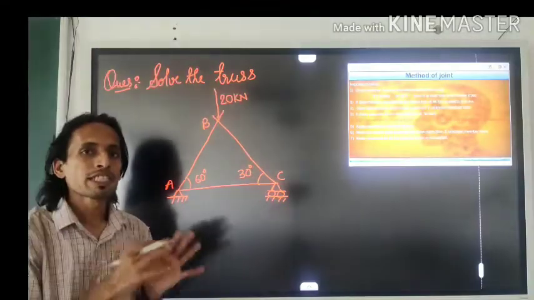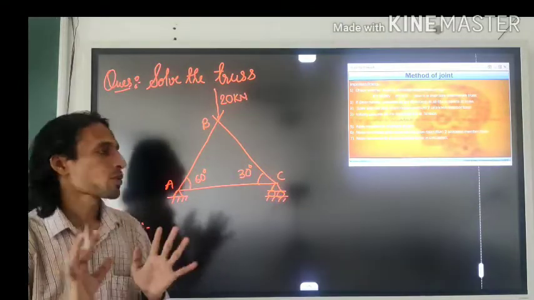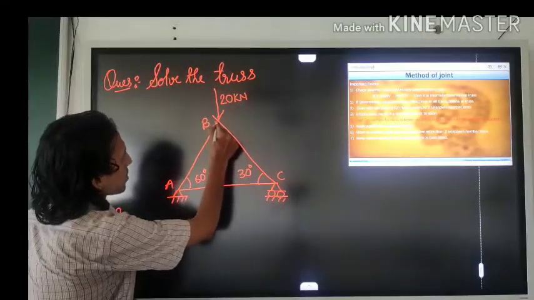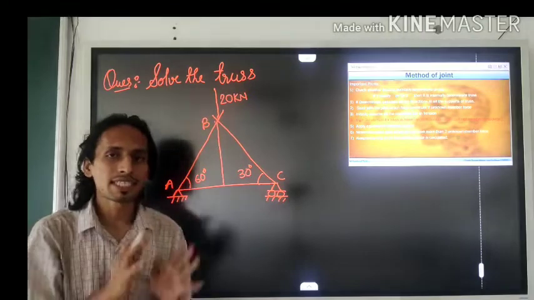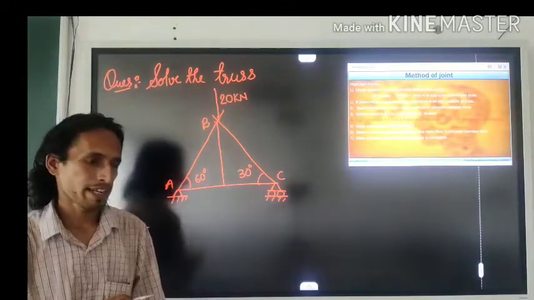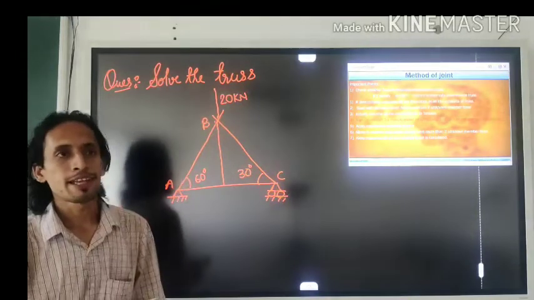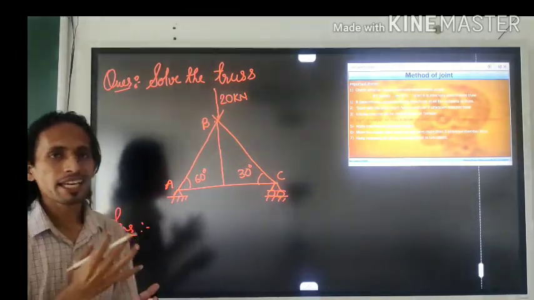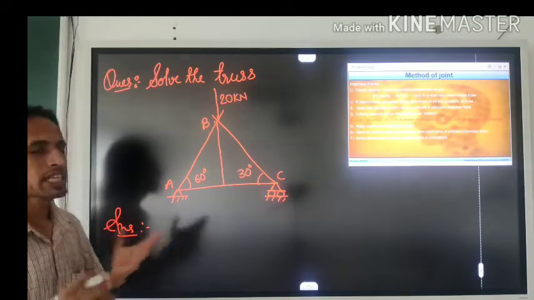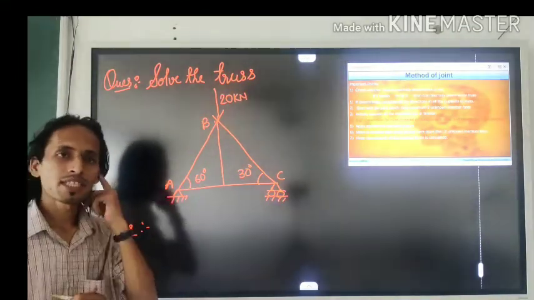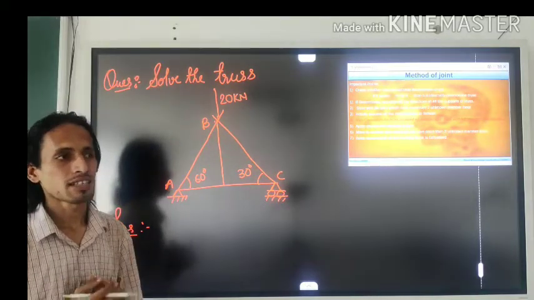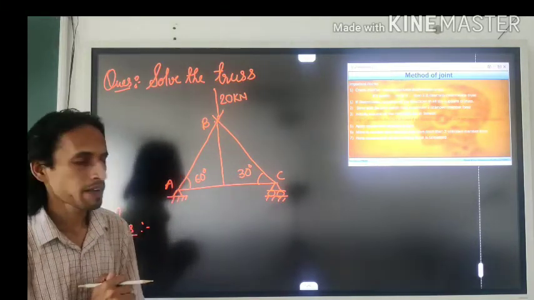Okay, so suppose this is the simplest question. Let us say this is our question and we want to solve it. Initially I have taken a very simple question, so that you can start absorbing the concept.